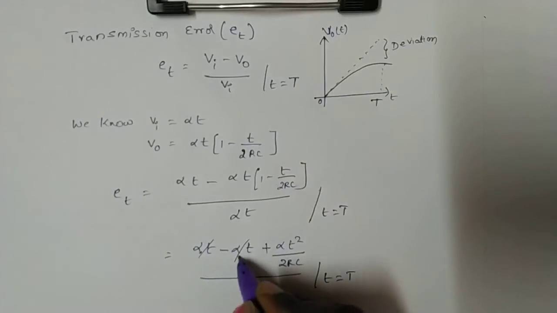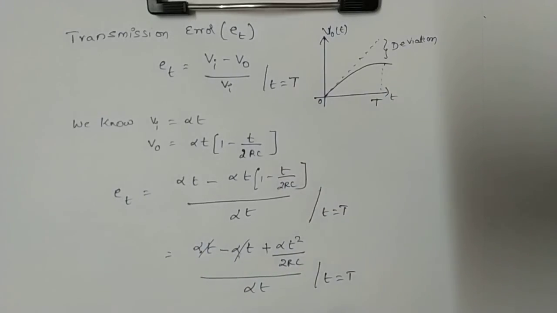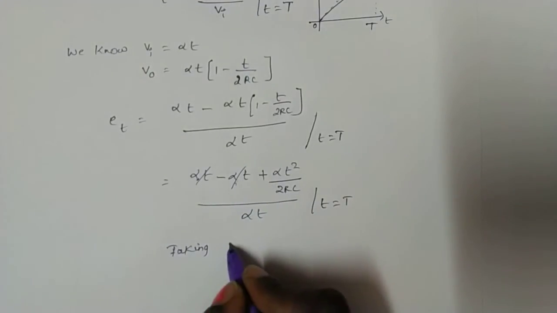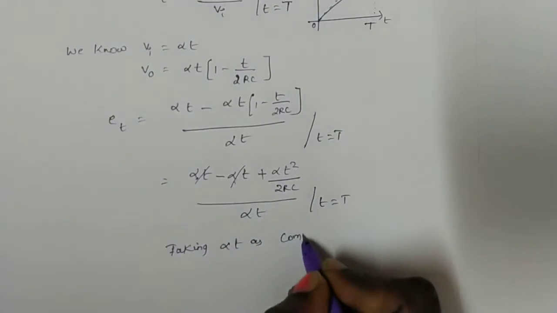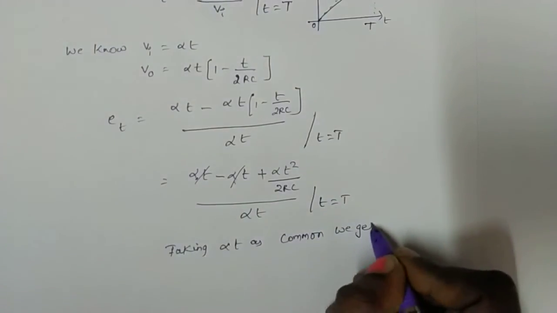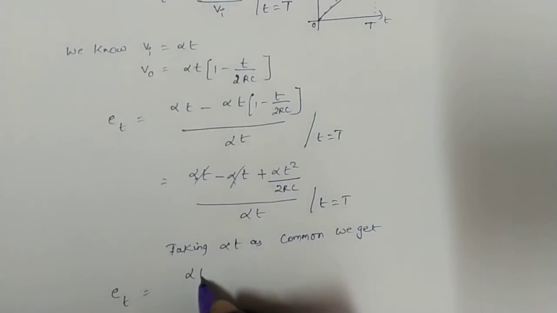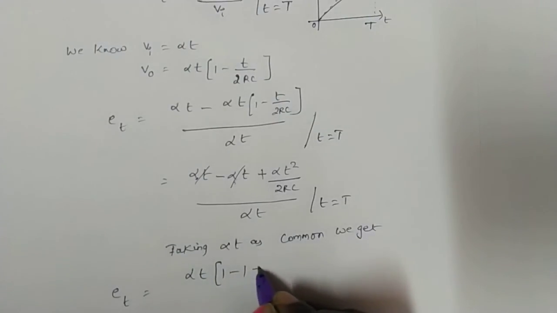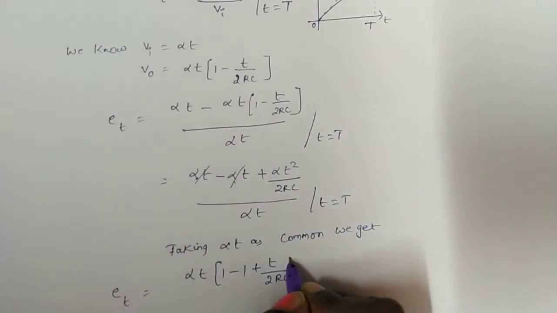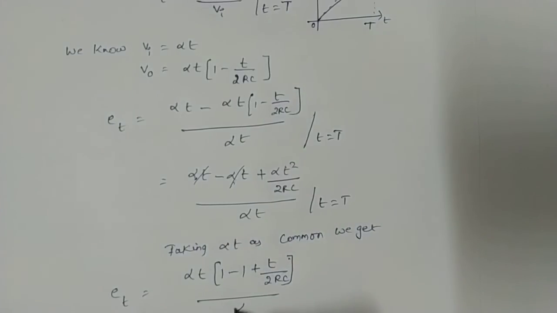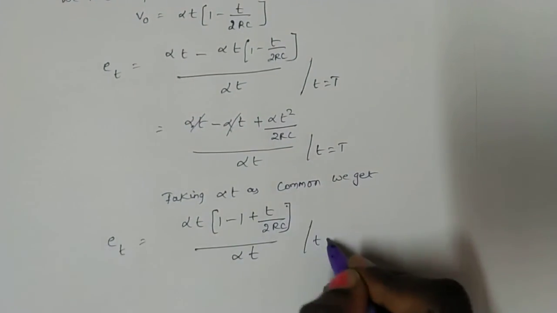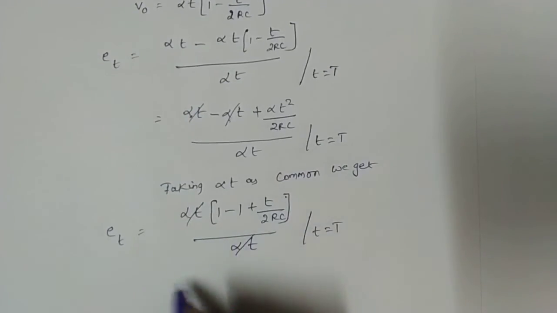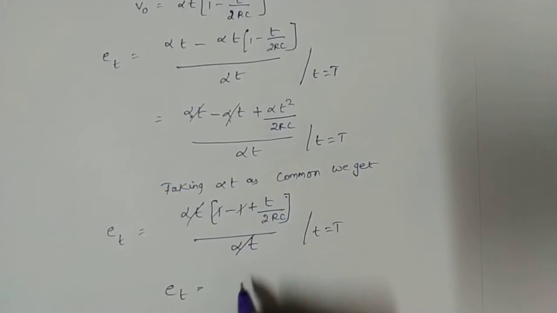Now taking alpha t as common, we get ET equal to alpha t into t by 2 RC by alpha t at t equal to T. Now alpha t and alpha t get cancelled, and the transmission error equals t by 2 RC at t equal to T. Now substitute capital T in the place of small t.